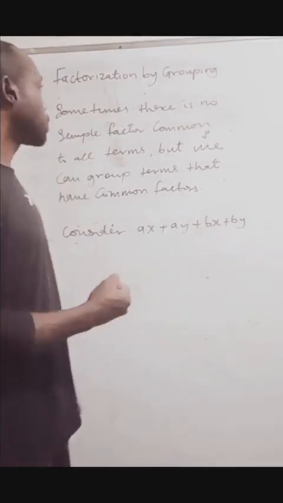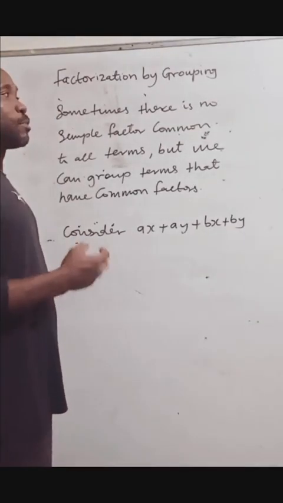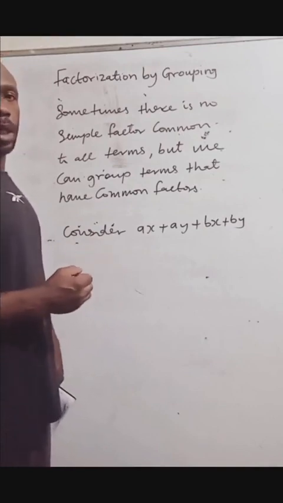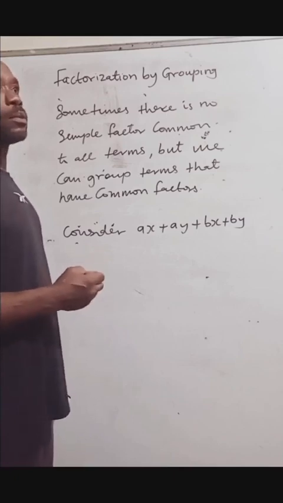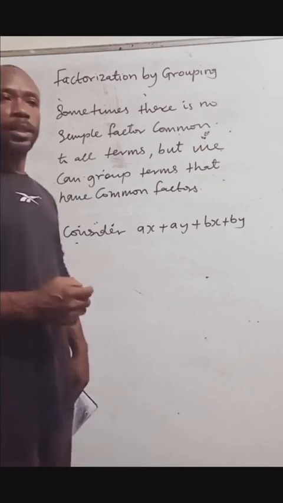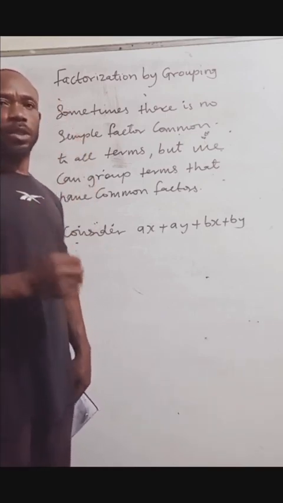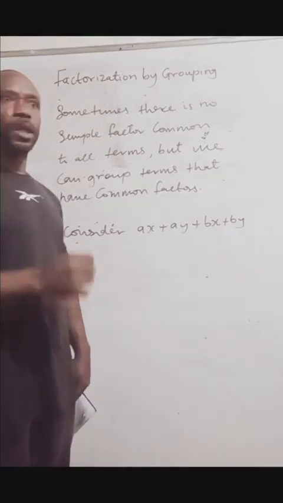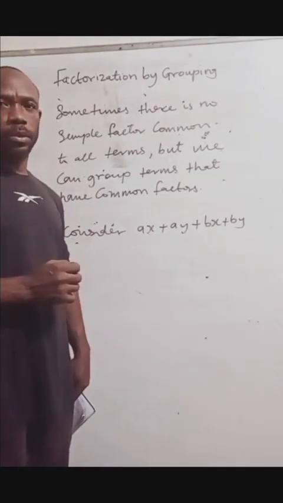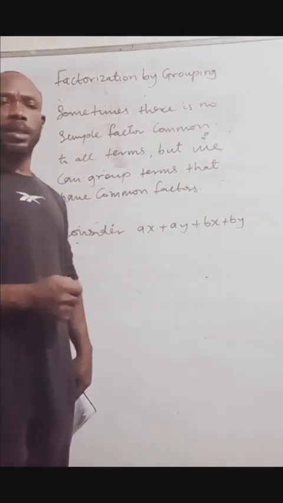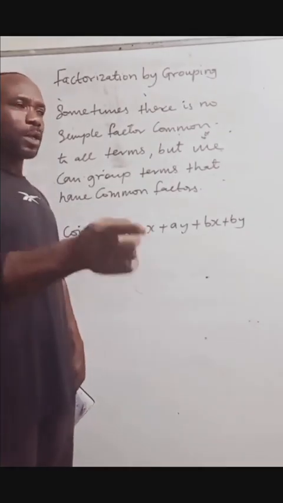So sometimes there is no simple factor that is common to all the terms. Now you know that we have done 6 examples, and in those 6 examples, we have been using one strategy. We have been looking for a common factor in the terms. And there are situations where it is impossible for you to find a common factor.